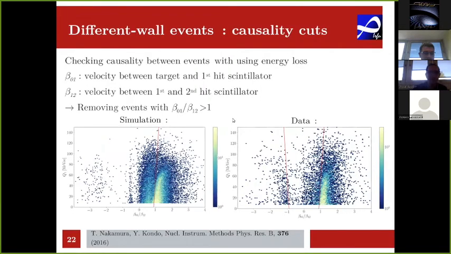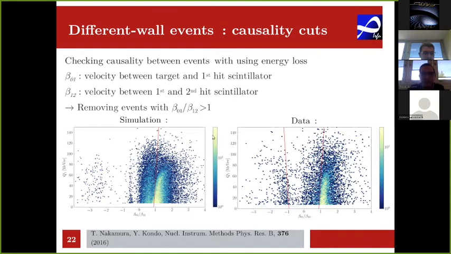For different wall events, it's slightly different. We consider the velocity between the target and the first hit, and the velocity between the first hit and the second hit. And we remove events for which the velocity beta 01 is larger than beta 12, meaning that for these events, the preferred scenario for the second hit is that a neutron has created one signal, has lost energy, and then has deposited energy again, creating another signal in NEBULA.